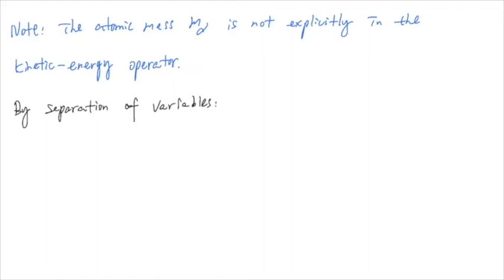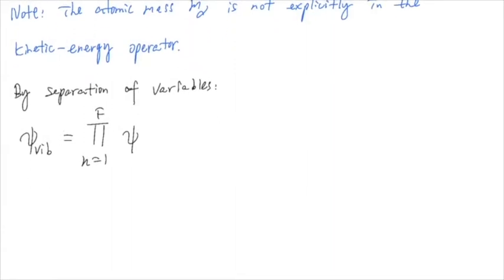That is to say, the overall vibrational wave function psi vibration can be written as the product of capital F terms, 3N minus 6 terms or 3N minus 5 terms, of psi Qn.